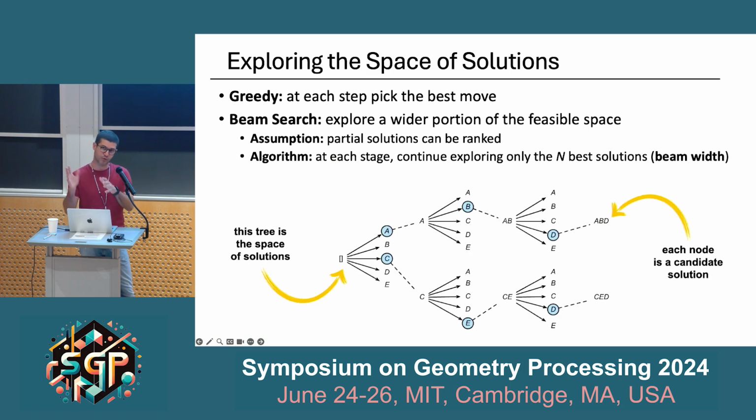And this is like a pictorial representation of the solution space that you explore. So every single node in this tree is a solution. If we talk, for example, about Chopper, you can imagine that every single arc in this tree represents a candidate cutting plane. So you do the cut, you evaluate your metric for all the possible cutting planes that you have, and you take, in this case, the two best cutting planes, not the best one.